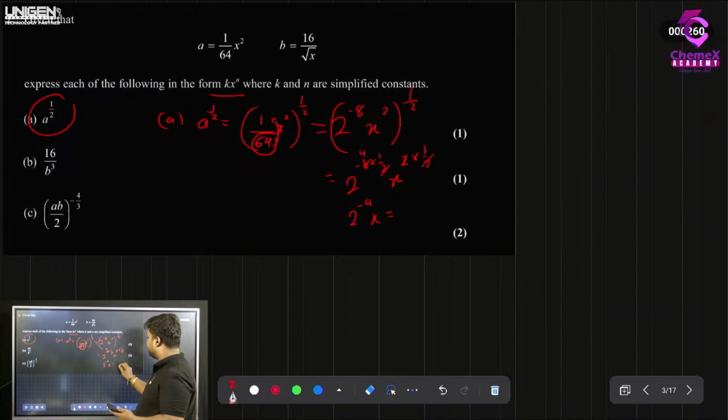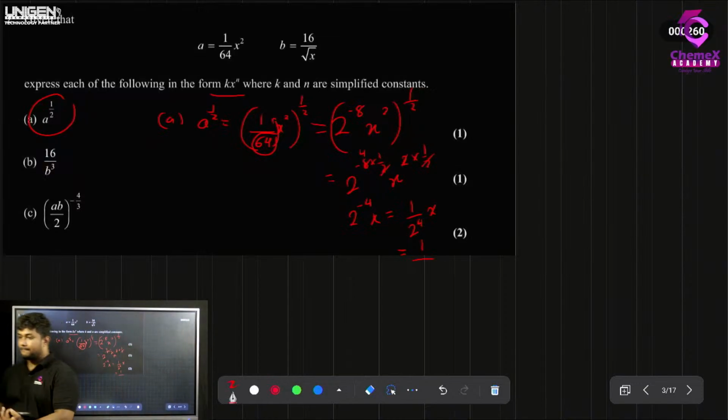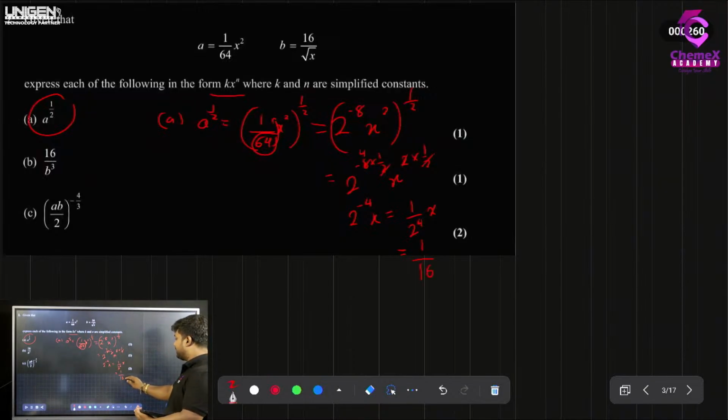So you can write it as 1 over 2 to the power 4 x, which is going to be what? 1 over, what's 2 to the power 4? 16. Yeah, 1 over 16x.